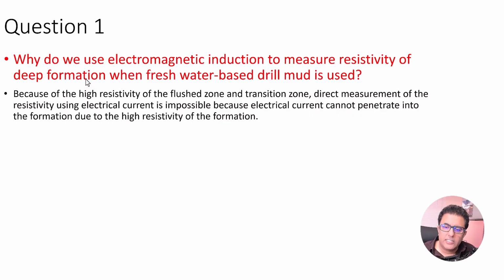So as a result, the area close to the borehole, I mean the flushed zone, is not conductive. So if we want to direct electric current into the formation because of the high resistivity of the formation in the area close to the borehole, that current cannot get through virgin zone or transition zone. So that's the reason if we want to measure the resistivity of that area, we have to use electromagnetic waves that can go through non-conductive media.